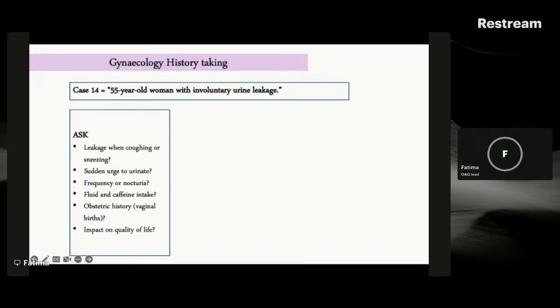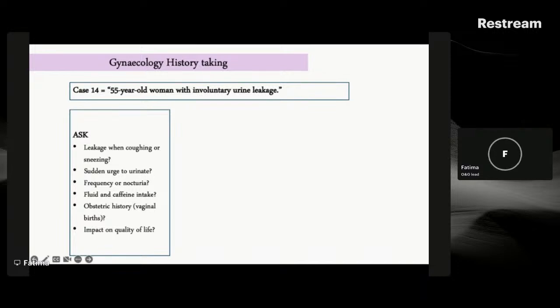I'd also ask about urinary frequency, nocturia, fluid or any caffeine intake, as well as any obstetric history, since vaginal deliveries can weaken the pelvic floor support. And then you ask about, after their deliveries, did they do any pelvic floor exercises or not?